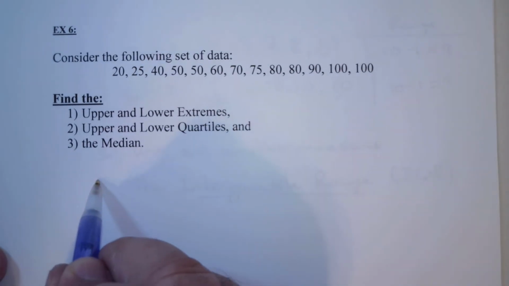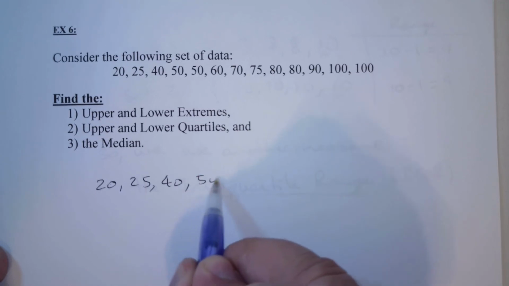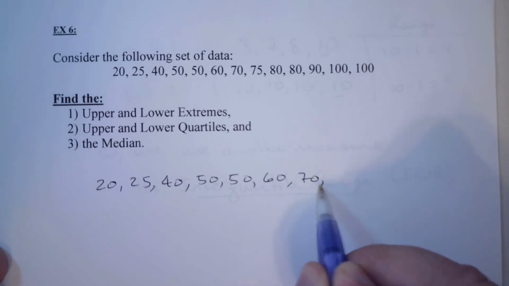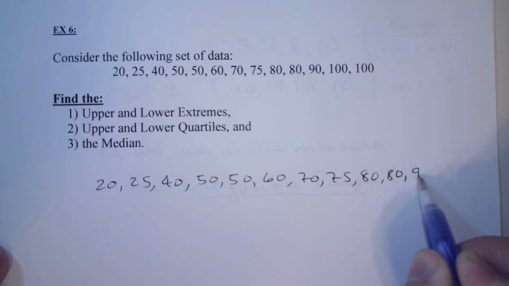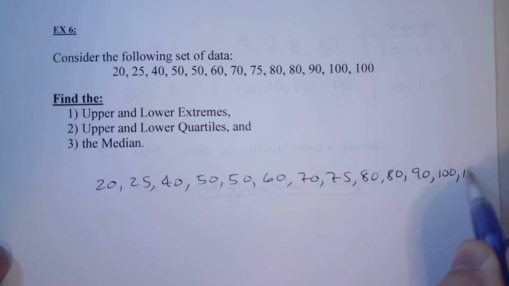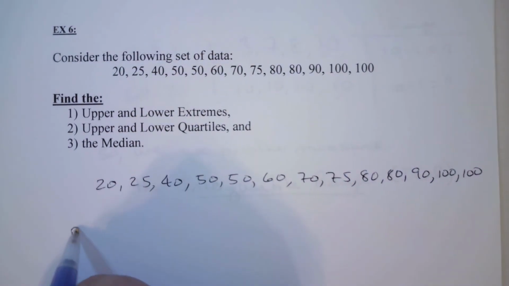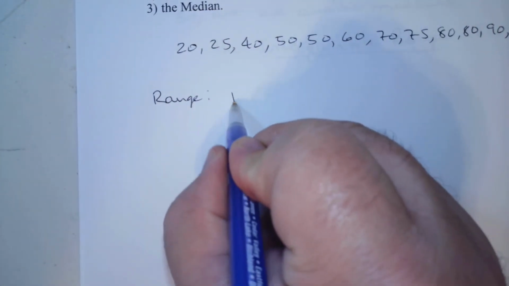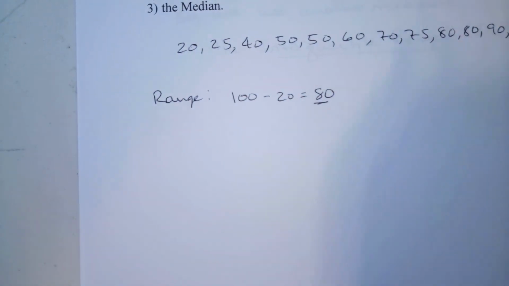We have our data set. We have 20, 25, 40, 50, 50, 60, 70, 75, 80, 80, 90, 100, 100. We see the range of this data set. The highest is 100, minus the lowest, 20.